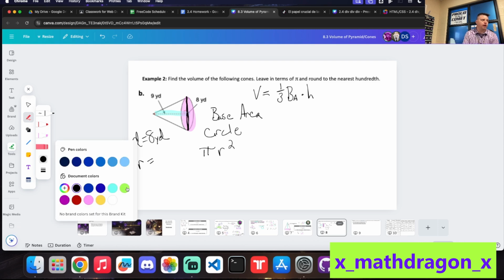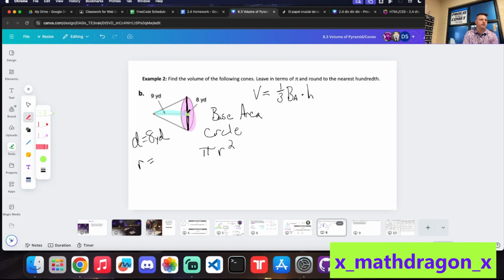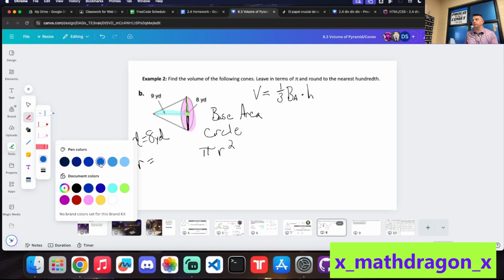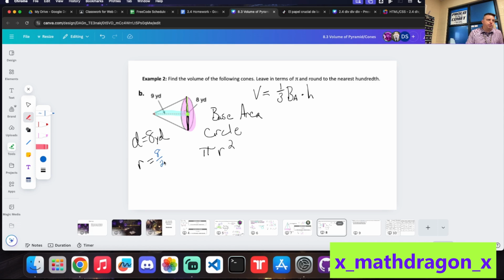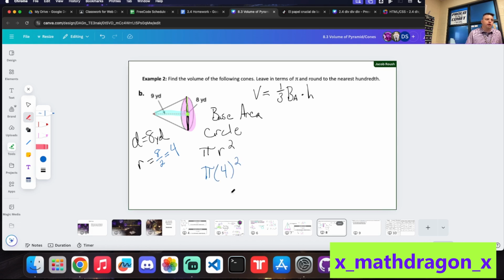How am I going to find from the center just out to the side? Cut it by 2. So I'm going to take this 8 and divide it by 2 to get the radius to be 4. So now I've got pi times 4 squared. That is 16 pi.